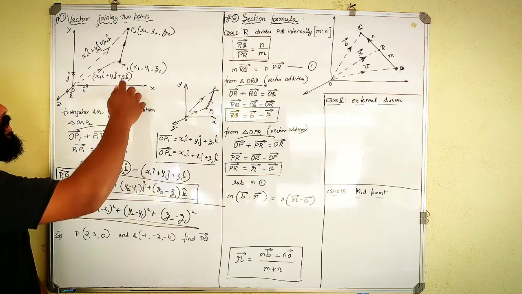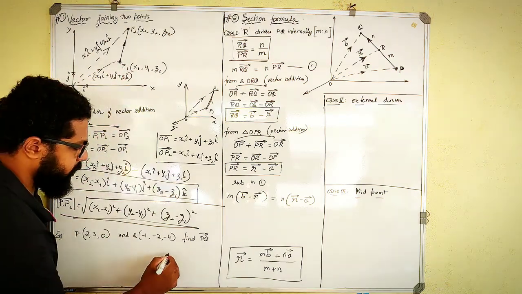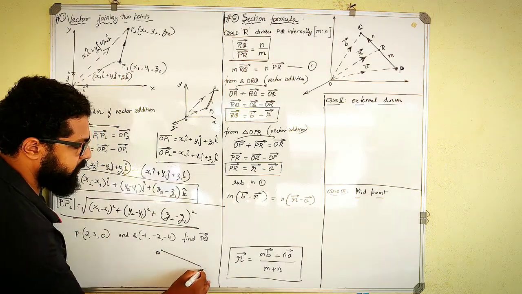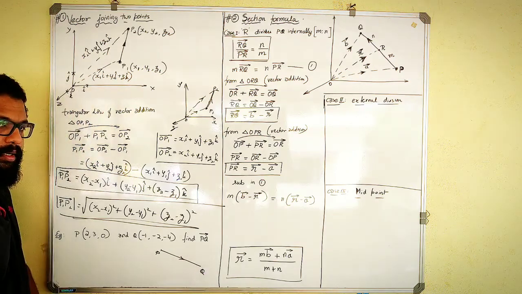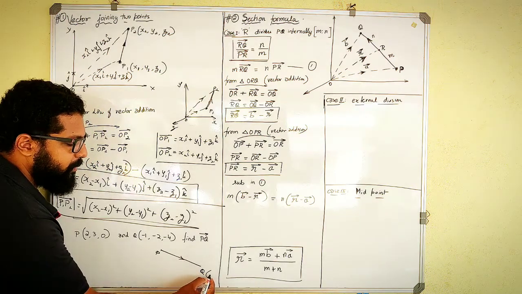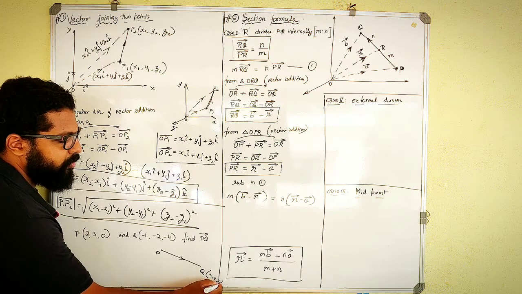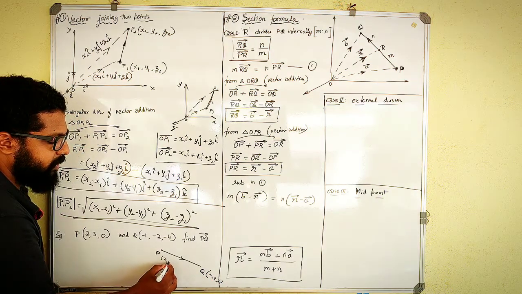That means it will be directed like this. I will draw it like this. This is point P and this is point Q. Clear? That time the Q point will become x2, y2, z2, and this will become x1, y1, z1 in this formula.